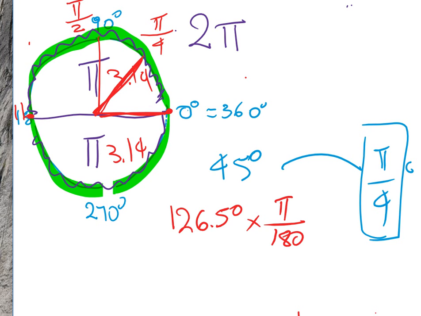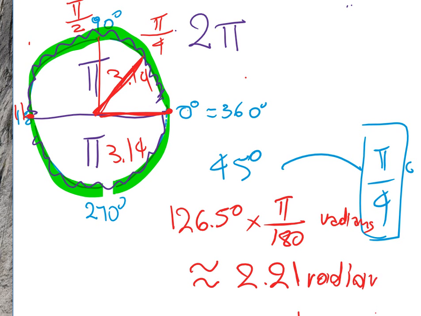You go radians and you say approximately 126.5 times 3.14 divided by 180 gives me 2.21 radians. Okay, this is radian angle.